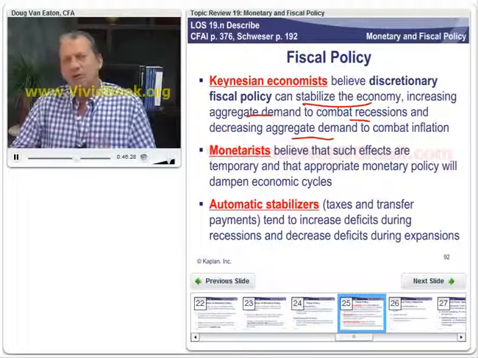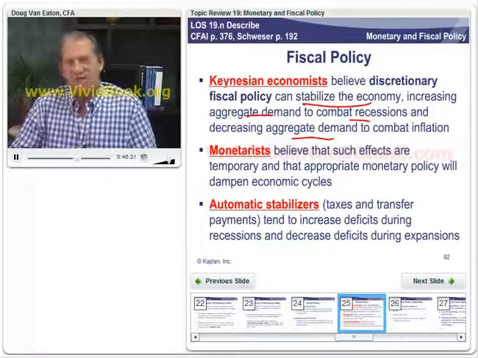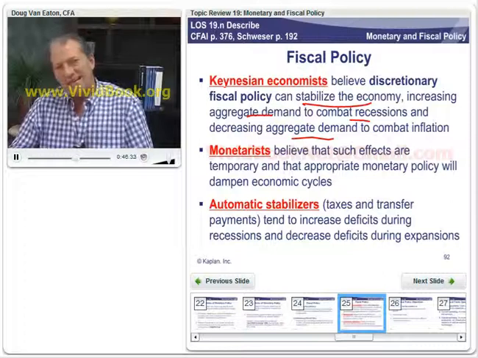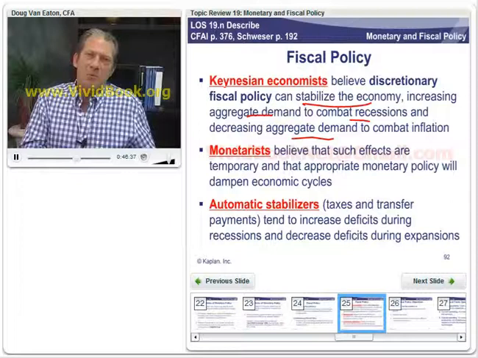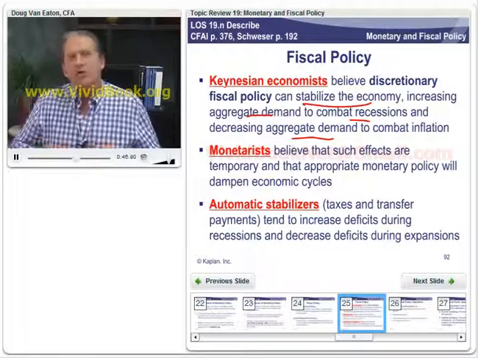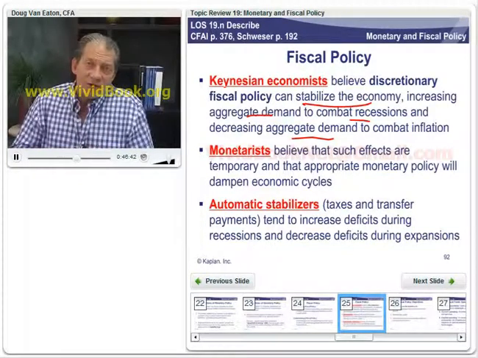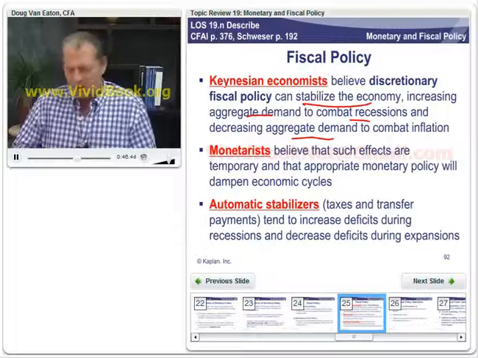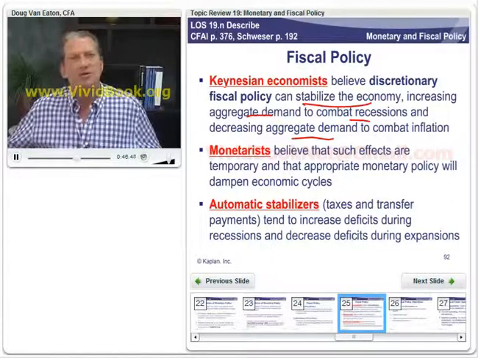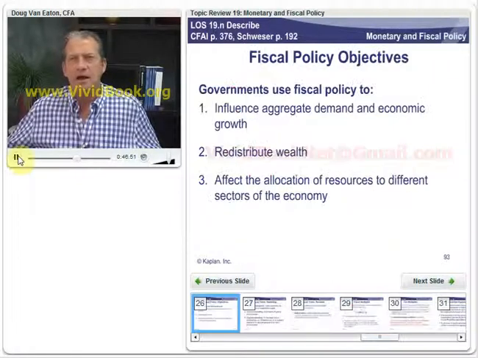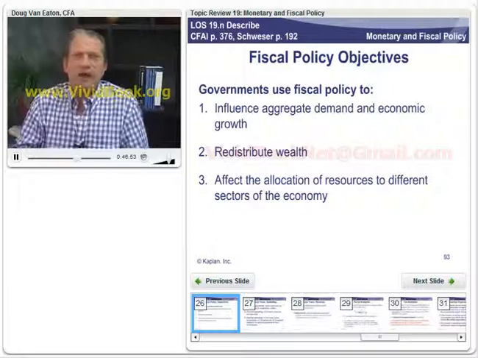And that's also true of a progressive tax system. When incomes are down, taxes are down more. When incomes are up, taxes are up more. So these are both just automatically in place, kind of fiscal policy things, but they don't require any legislation or a new policy decision to stabilize the economy through business cycles.